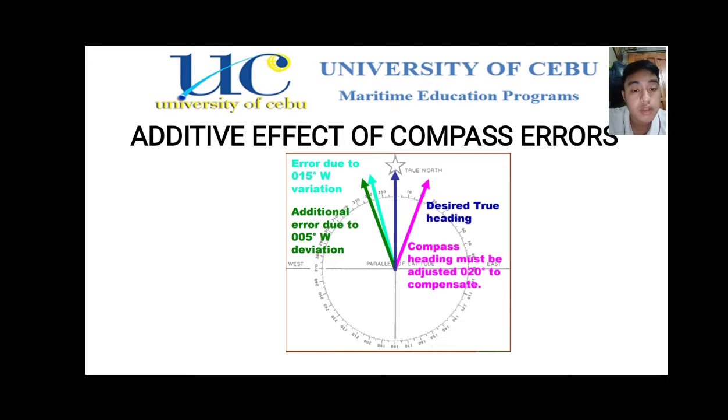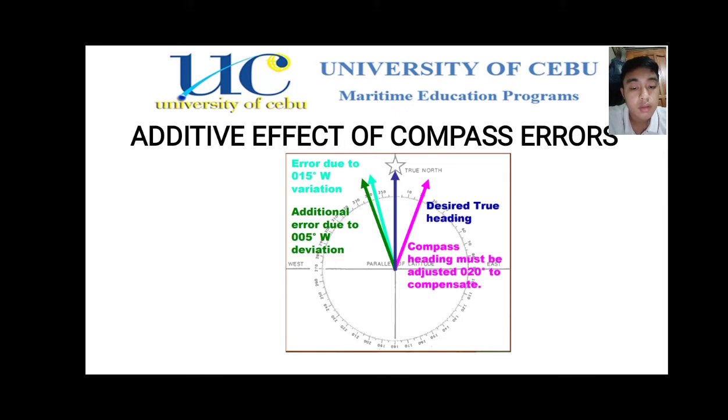So there is the effect of compass error. As you can see, error due to 0.15 degree west variation and additional error due to 0.05 degree west deviation. And on the left side you can see the desired true heading, and the compass heading must be adjusted by 0.20 degree to compensate.